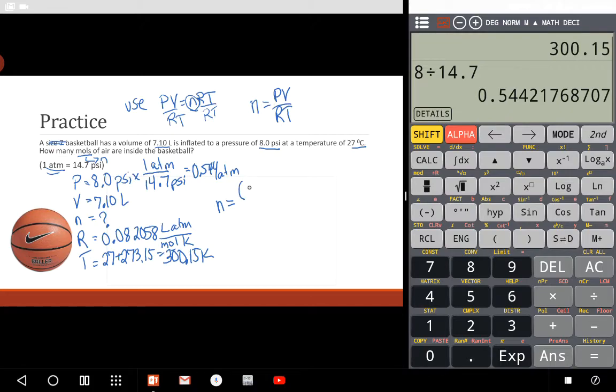I need my pressure. I'm going to use the full pressure even though I did only write 3 digits there. I am going to use that full calculator output because I never want to round my numbers until the end. And so I never want to use rounded numbers in a calculation because then I could end up with some really weird rounding errors.